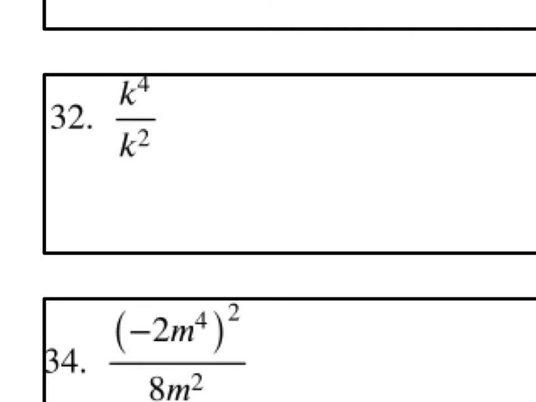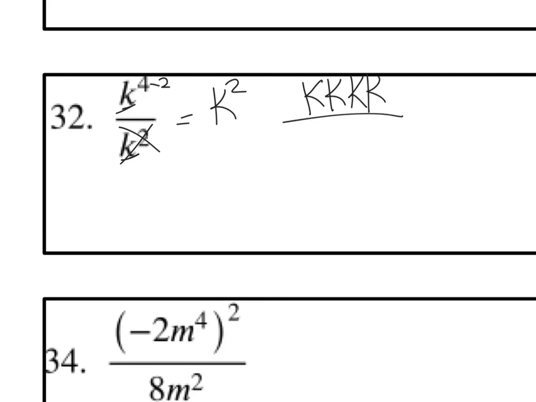Okay, so you got k's and k's, same base. So bring this up, 4 minus 2, and you get 2. This is gone. Another way to look at that is k to the 4th means I've got 4 k's on top, and on the bottom, k squared, I've got 2 k's in my denominator.